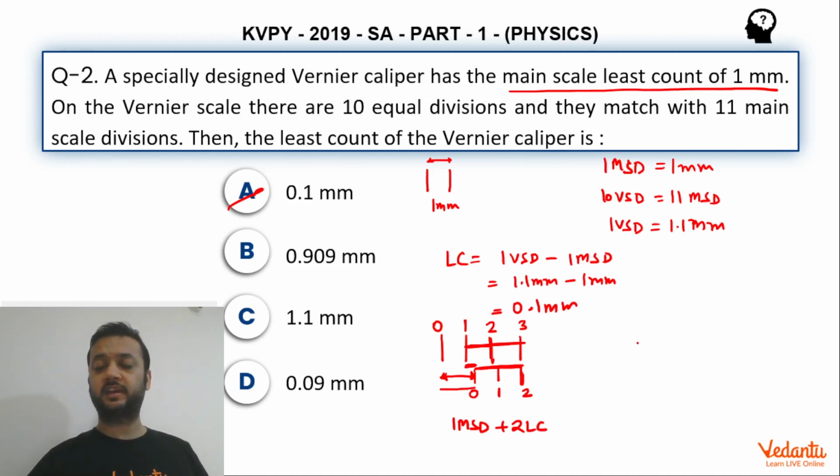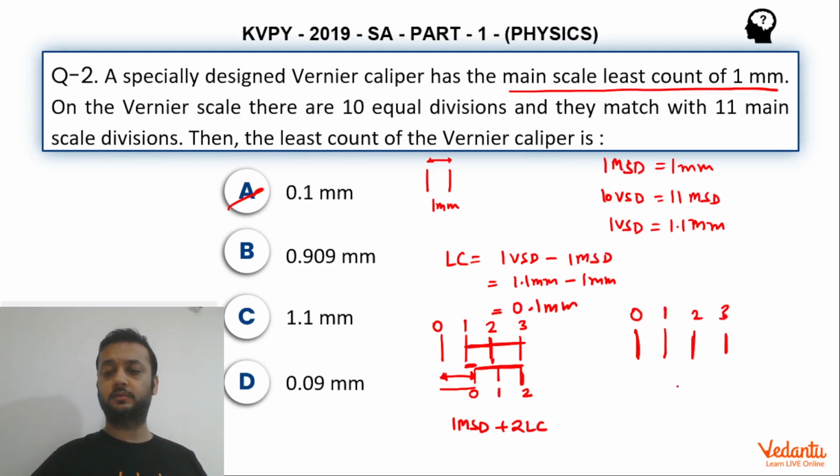Now, suppose we have a different vernier caliper, in which main scale division is less than vernier scale division, and suppose we have a different length now, such that again the second reading on the vernier scale coincides with the main scale. So we will have this sort of scenario.